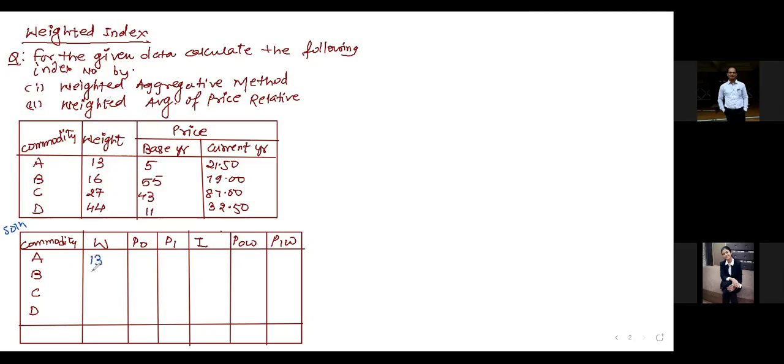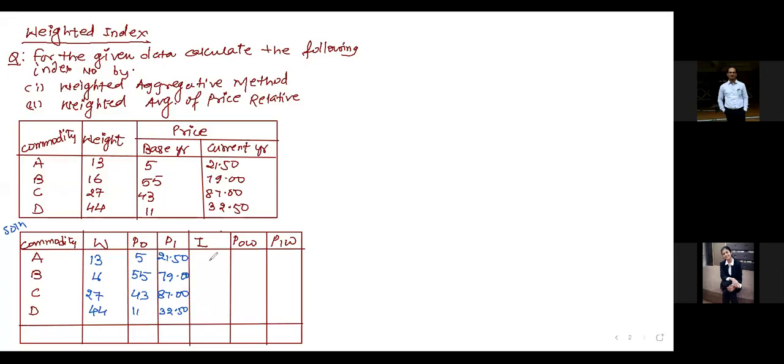First column: 14, 16, 27, 44. Second is 5, 55, 43 and 11. P1 is 21.50, this is 79.00, 87.00 and 32.50.